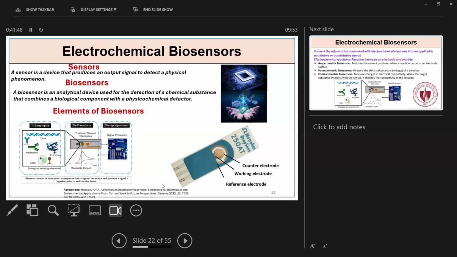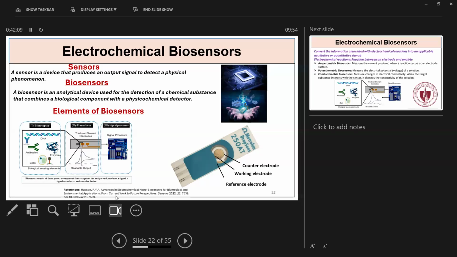That readable output can be of any type. Since we focus on electrochemical, the readable output will be in terms of electrochemical assays and results, which will be processed with the signal processor. So any biosensor has 3 elements: bioreceptor, transducer, and signal processor.